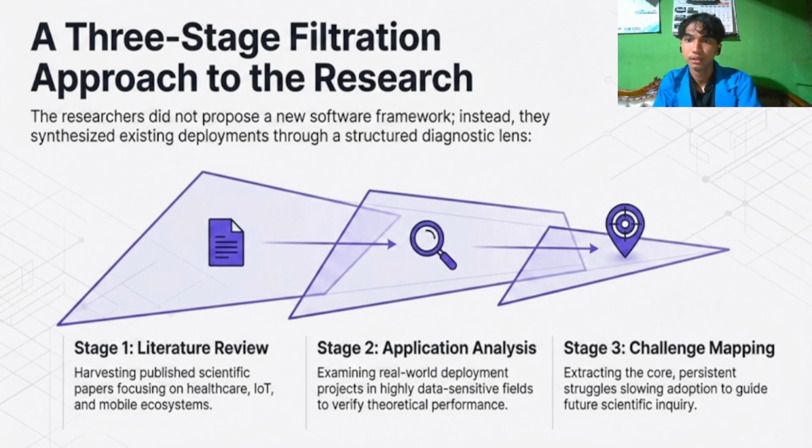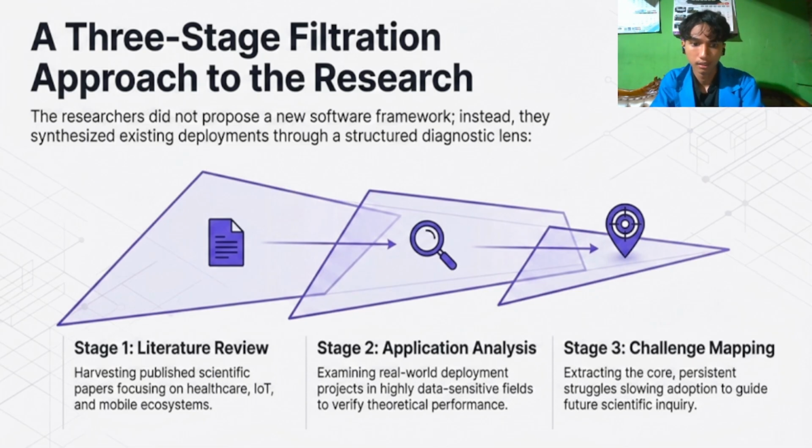Further steps: stage one is literature review, harvesting published scientific papers focusing on healthcare, IoT, and mobile ecosystems. Then, stage two is application analysis, examining real-world deployment projects in highly data sensitive fields to verify theoretical performance.